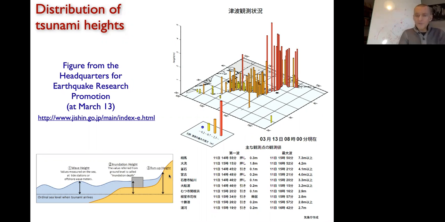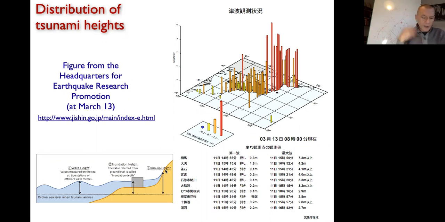And so the final height conquered inland could be very different. Of course, this depends mainly on the local bathymetry, and the conditions in open sea. So the maximum height reached at the penetration depth here is called run-up.